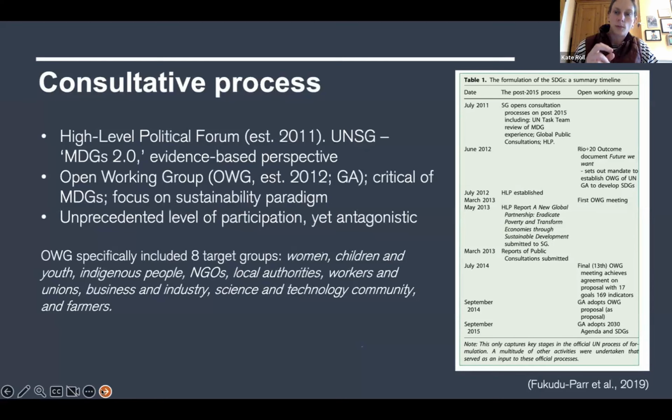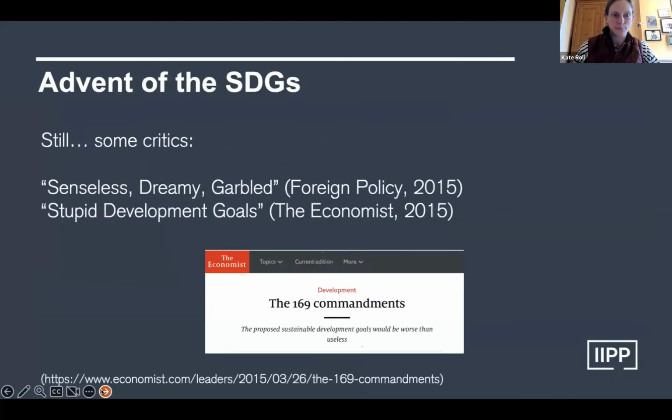The open working group, I think it's important to note, had 8 target groups: women, youth, Indigenous people, NGOs, local authorities, workers and unions, business and industry, science and technology, and farmers. So it made a real focused effort on crowding in these different points of view in order to develop the goals. Of course, still lots of back and forth, not an easy process.